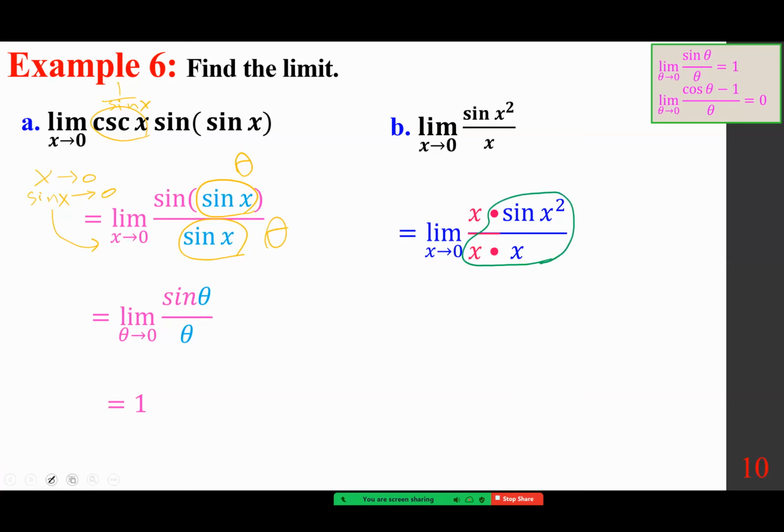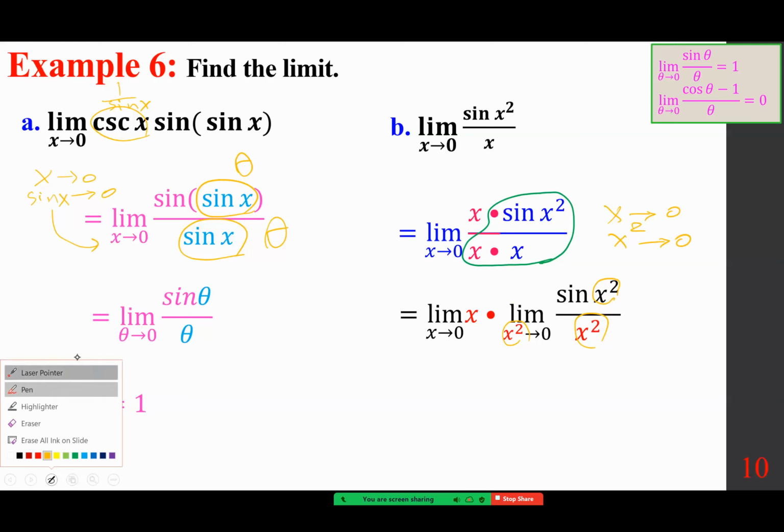So it's the limit of x times sine x squared over x squared as x approaches 0. Now notice, when x approaches 0, so does x squared. So for this one, the argument of sine, the denominator, and this must be identical, and they are. Again, when x goes to 0, so does x squared. And of course, this is 0, this is 1, their product is 0.